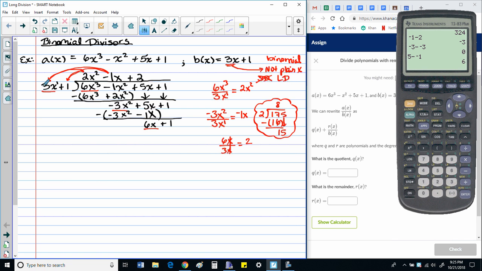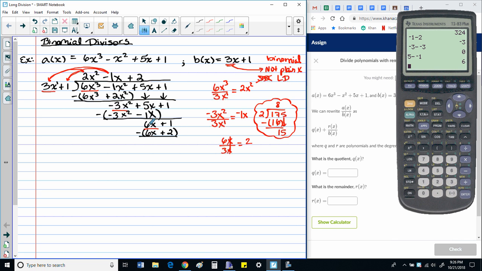But 2 times 3 is 6. And then there was no x here and an x here, so x. And then 2 times 1 is 2. Positive 2.